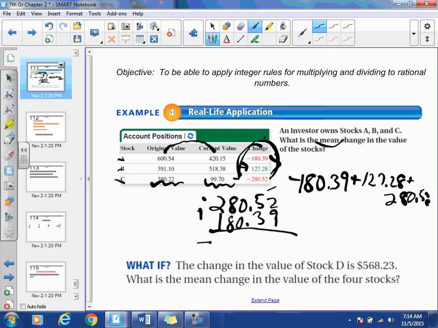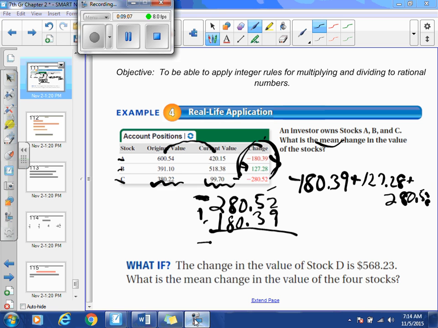So I'm adding those two sets of negatives to see how much my stock went down. So when you add, remember it's important to line up the decimals. Drop the decimals down. All right, so altogether my stock went down by $460.91, but this stock right here went up a little bit.